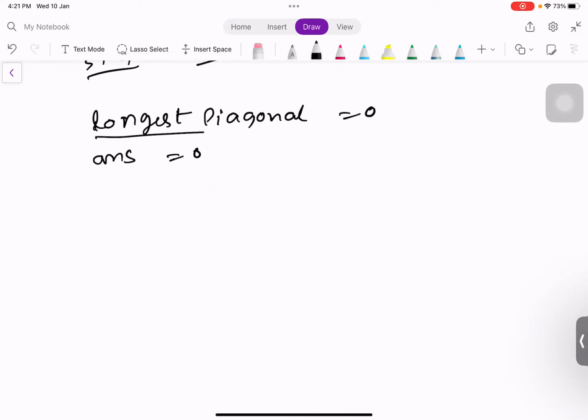Now, every time we come across a dimension, we try to find its diagonal, and if that diagonal value is bigger than the longest diagonal value, then we update it.